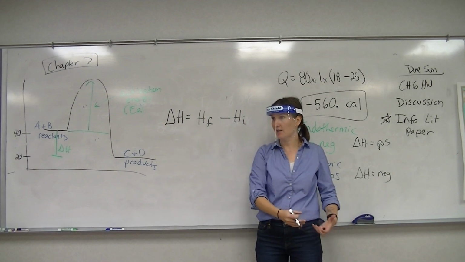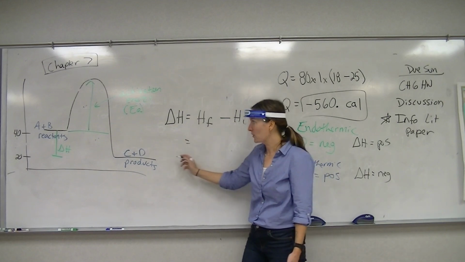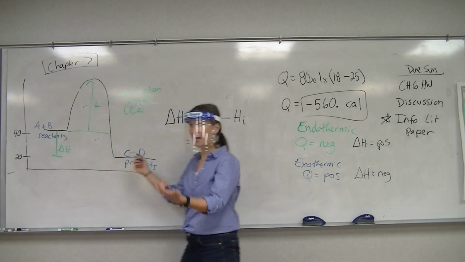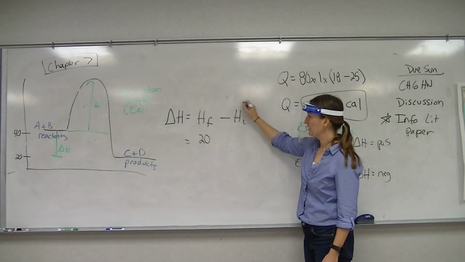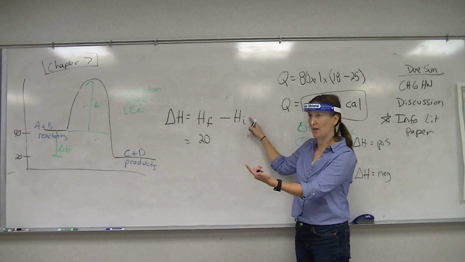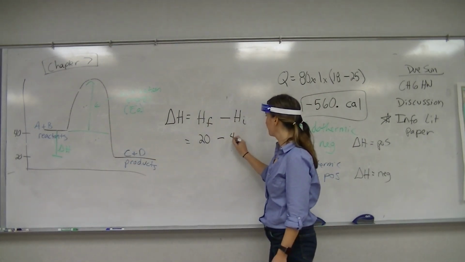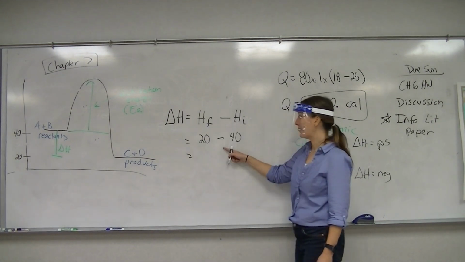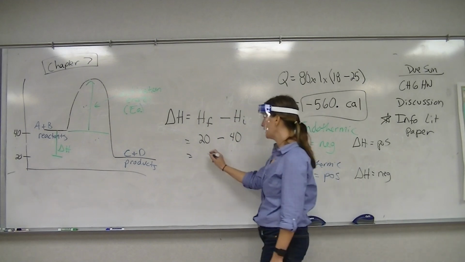That's what we get out at the end of the reaction. So our H final, let's just estimate what it is, about 20. Our H initial, these are going to be the reactants, the 40. So is this going to give you a positive or negative? Negative. It's going to get you a negative.